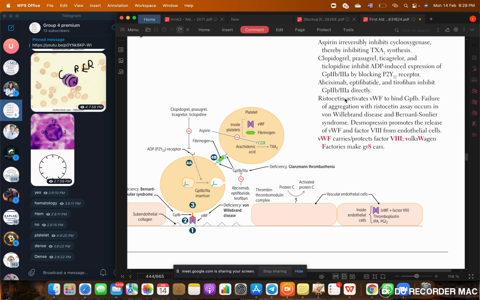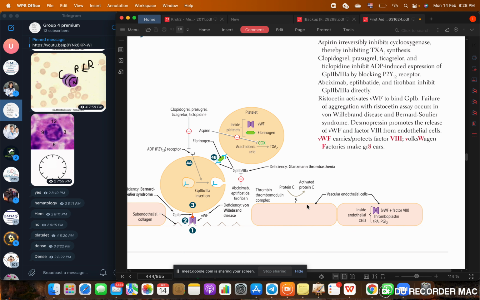This will happen due to a dysfunction of the von Willebrand factor or the GP1B. Okay, so if either of these is dysfunctional, the ristocetin test will fail to cause aggregation. So failure of aggregation with the ristocetin assay occurs in von Willebrand disease or something called Bernard-Soulier disease.